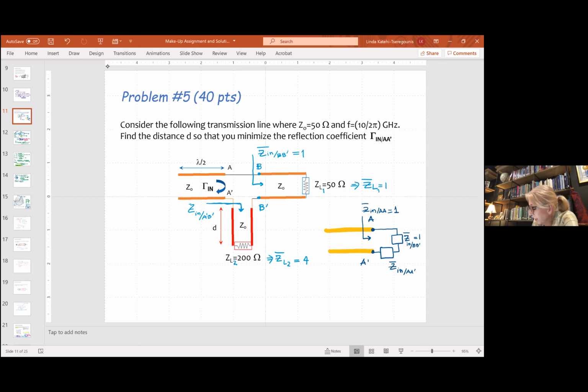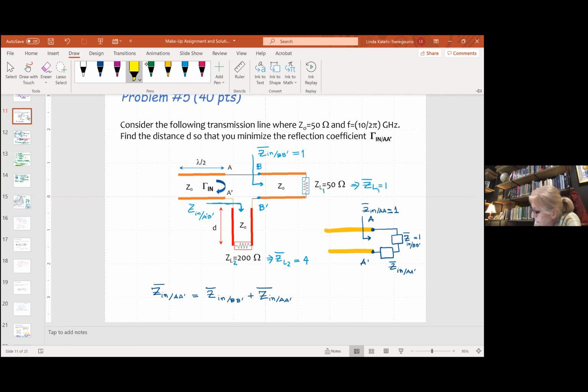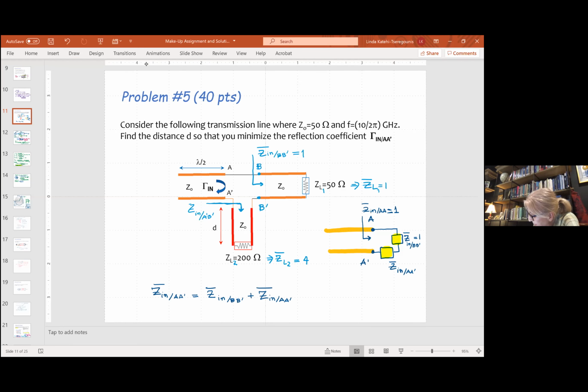All right. So practically, we're going to have Z input at A prime normalized equal to the sum of Z input at B prime plus Z input at A prime. So it's the sum of these two impedances at the end.